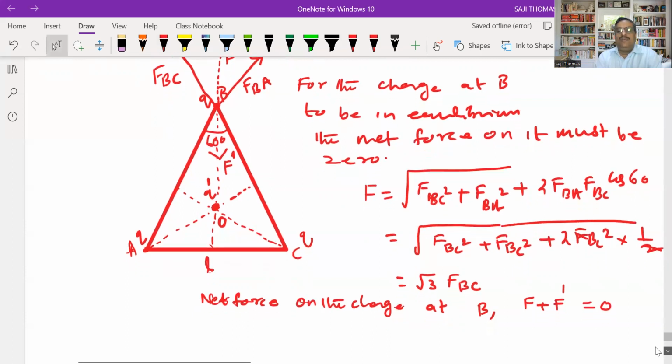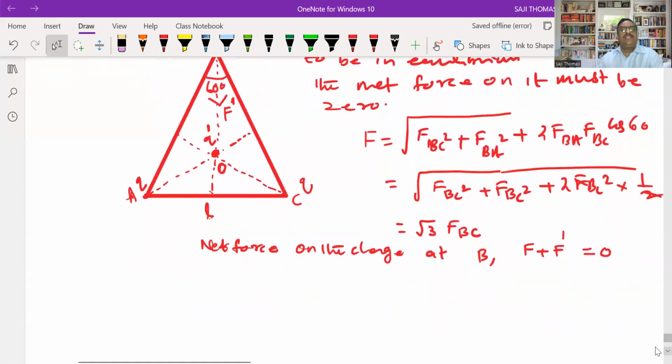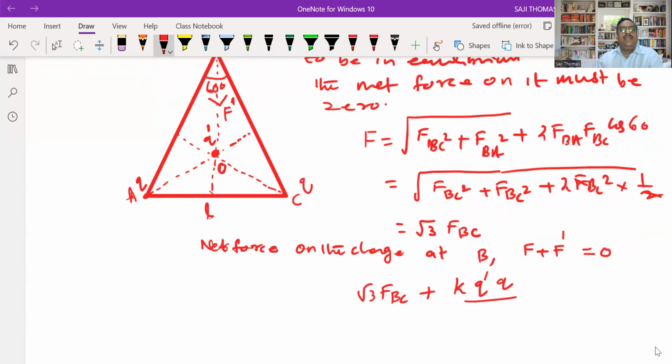And now you can put in the values. F is root 3 FBC, plus F dash, the force between Q dash and Q at the vertex B. You can write K Q dash Q by the distance from the center to the vertex, which we take as BO square, should be 0.